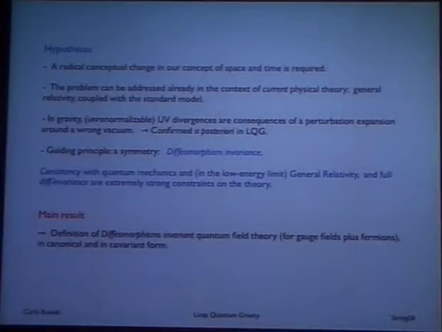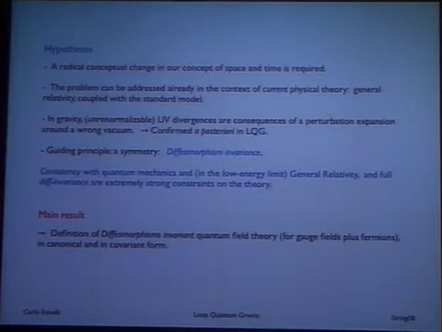Now, the guiding principle, like in so much of modern physics, is symmetry, and it is the symmetry under the diffeomorphism group, the active action of the diffeomorphism group on the fields of the theory, which I'll discuss in the next transparency. Now, consistency with quantum mechanics and general relativity, and having a fully, explicitly diffeomorphism invariant theory, gives very strong constraints on the theory.